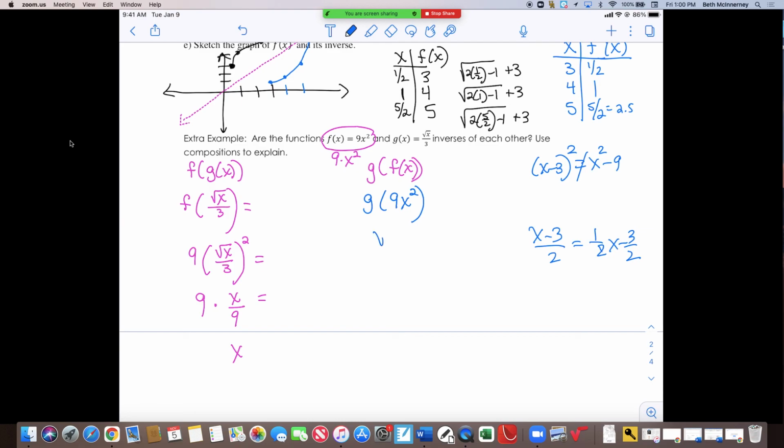G says take the square root of your input divided by 3. That's 3x over 3, which is x. So I just verified it.